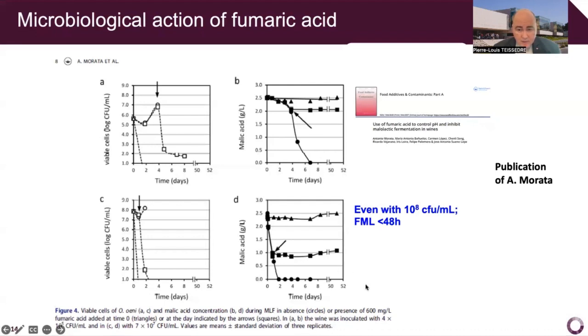different matrices used. And so, for example, the wine was inoculated here with 4 times 10 to the power of 5 colony forming units per milliliter, or 7.7 times 10 to the power of 7 colony forming units per milliliter. And you can see that the effect is very good.